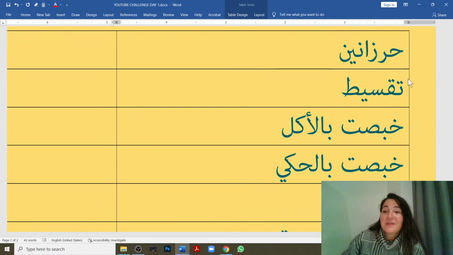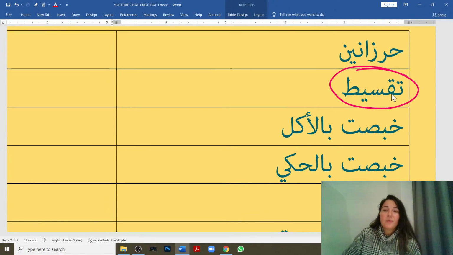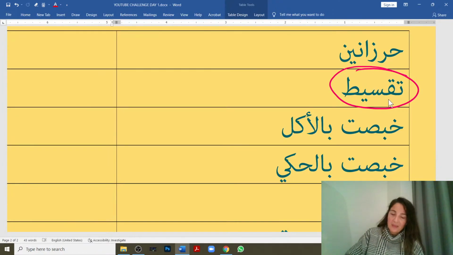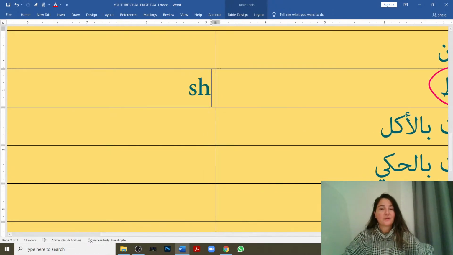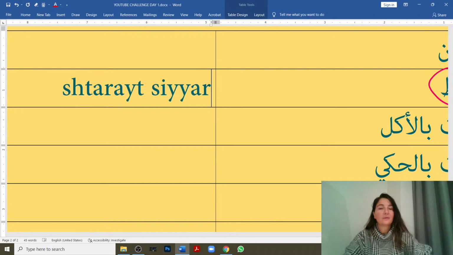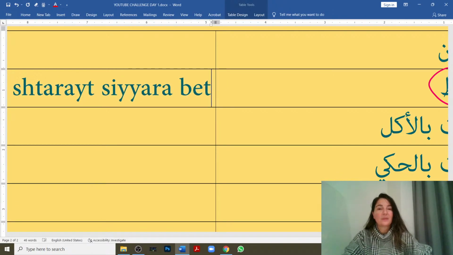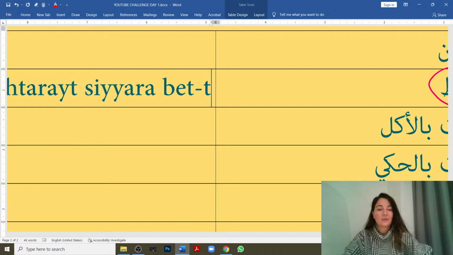The next one is the word تقسيط. تقسيط is a simple word which is installment. You know, when you pay with installment. When you buy a car with easy installments, you can say اشتريت سيارة بالتقسيط.